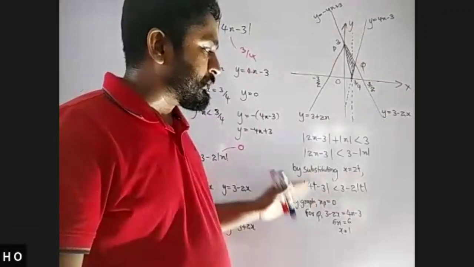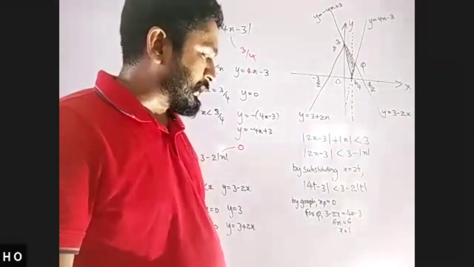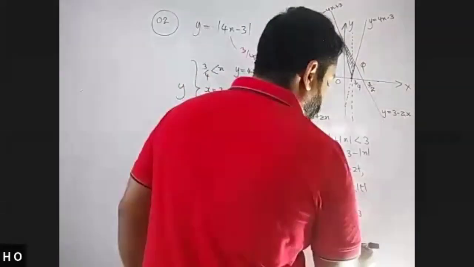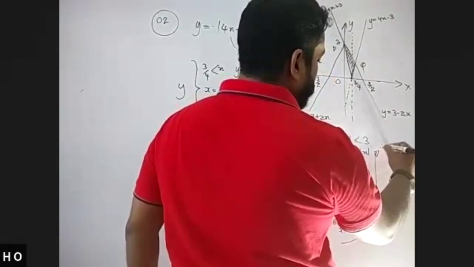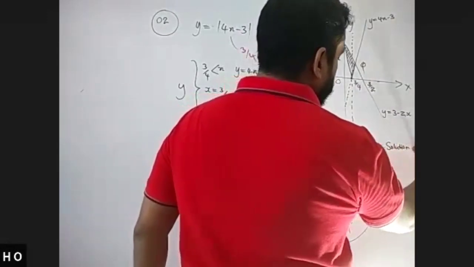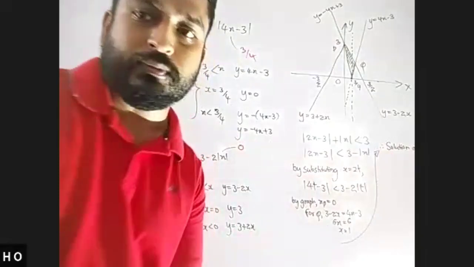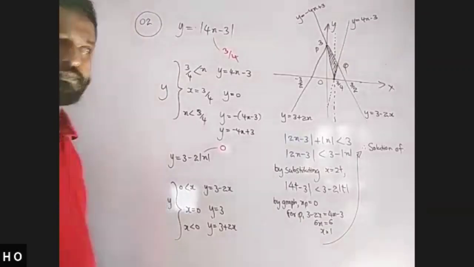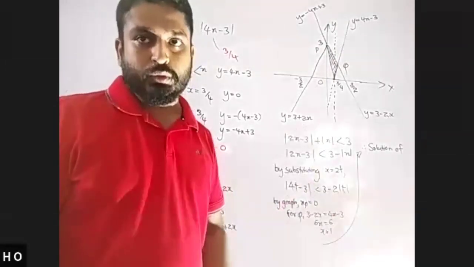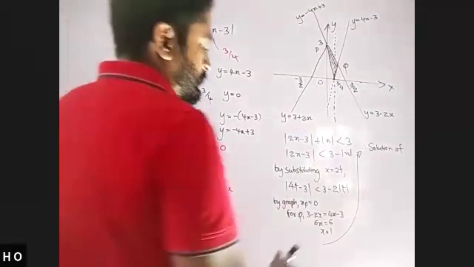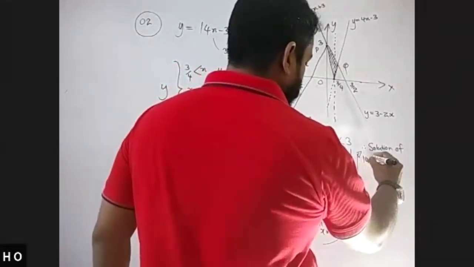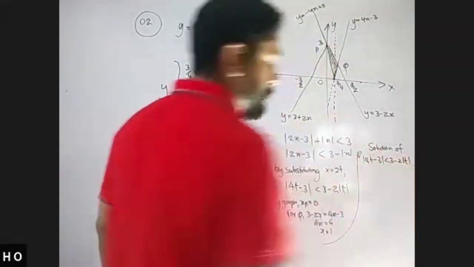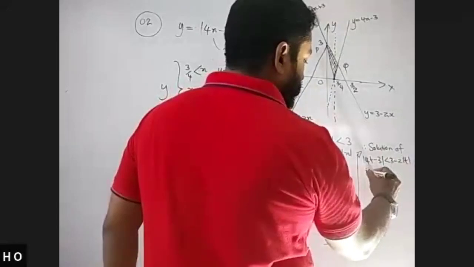By observing this, you can see, since the x values found are 0 and 1, therefore the solution of |4t minus 3| less than |3 minus 2t| is the solution set.